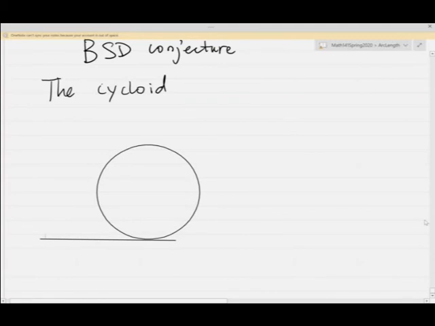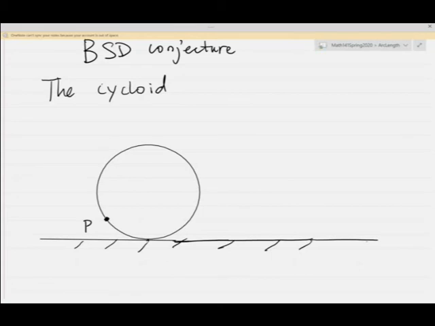This is the flat ground. Now, on the tire you have a marked point, P. As the tire travels along the surface with rotation, the marked point P traces out a curve.